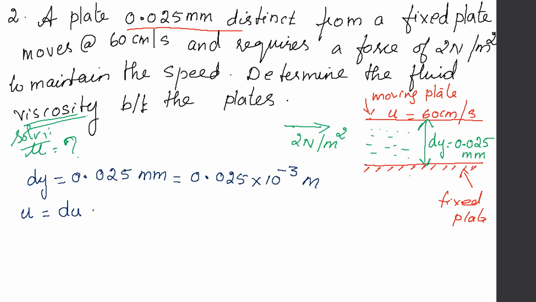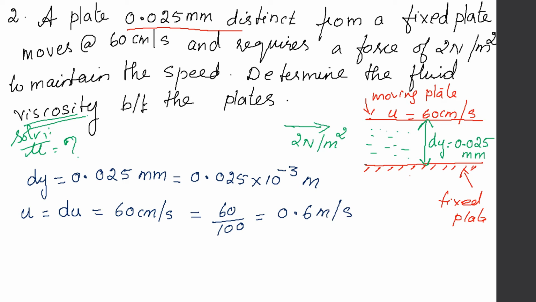So du is the velocity of the plate, 60 centimeter per second, because between the plates one plate is fixed. So our u is equal to du, that is equal to 60 centimeter per second. Converting it into meter per second, we get 60 divided by 100. So we get 0.6 meter per second.